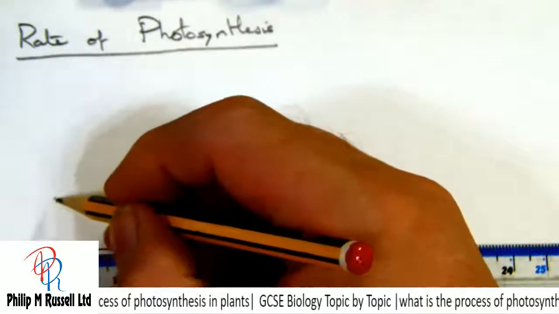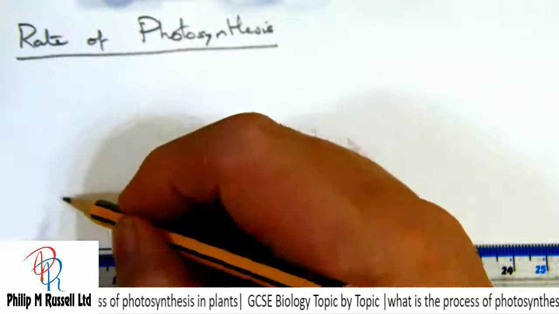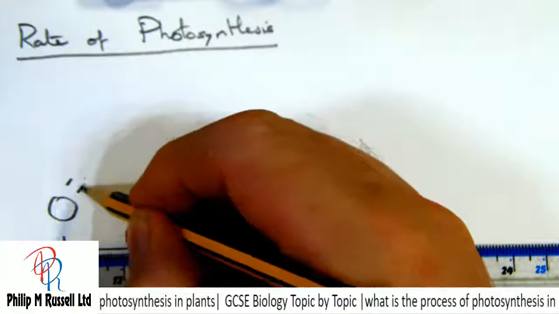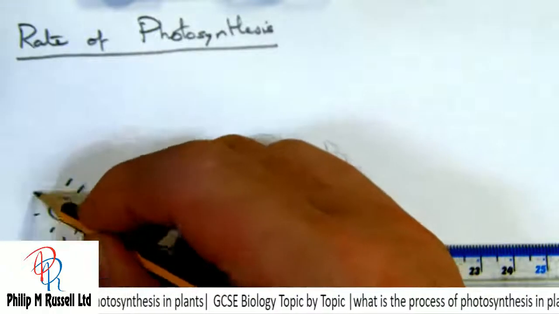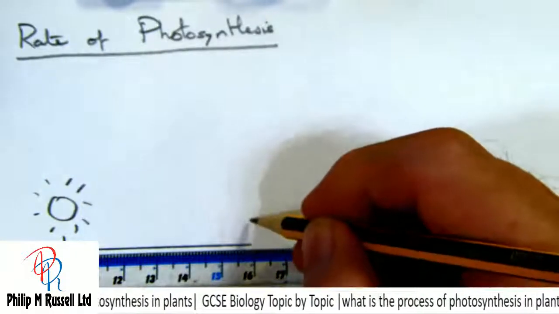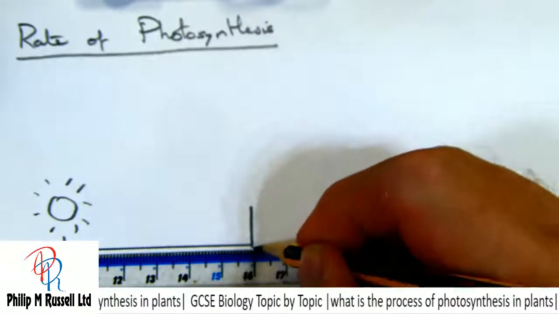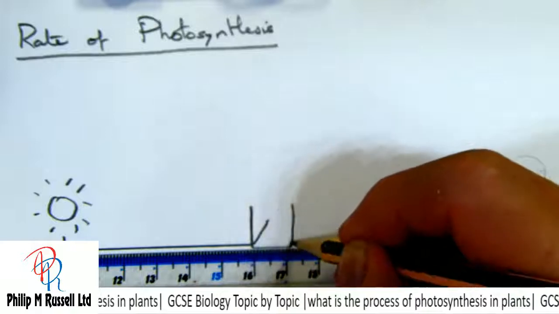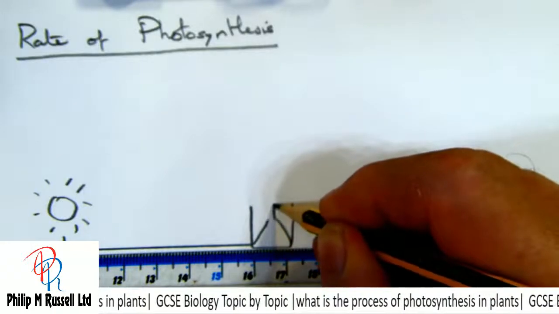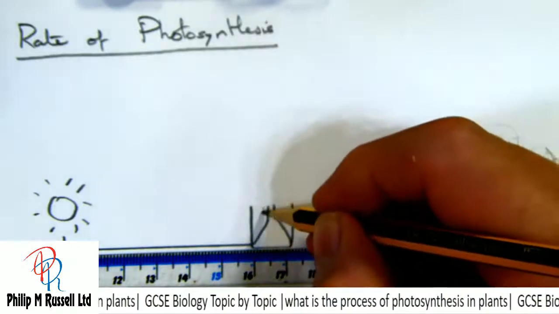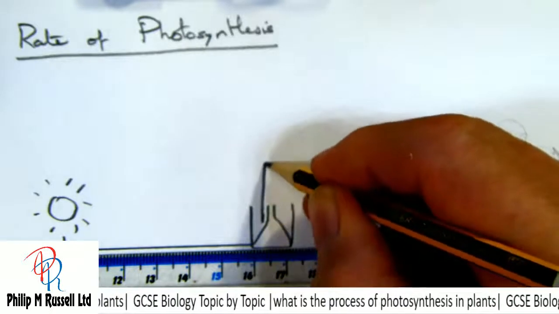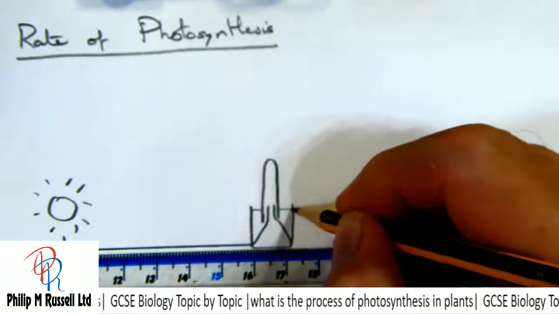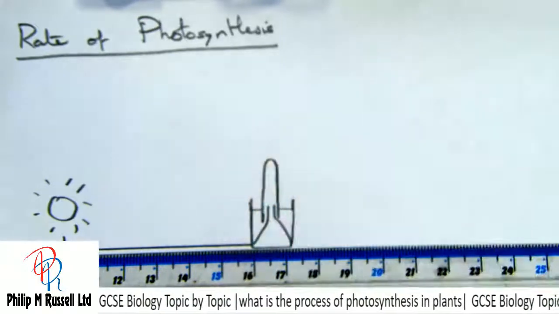I'm going to set up my light, and this light we can put at a particular distance away from my plant. There we are. Let's just draw in the funnel and my test tube and my layer of water there.